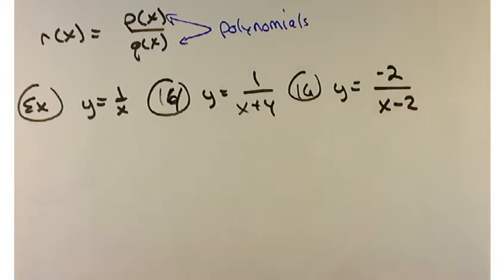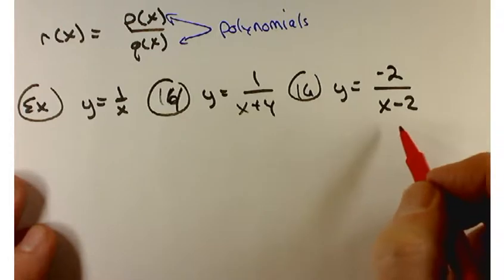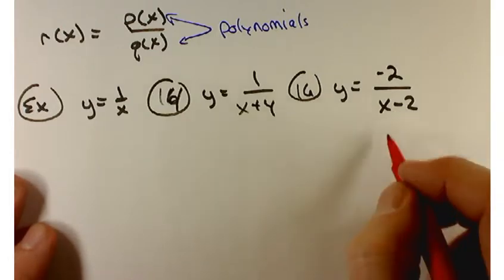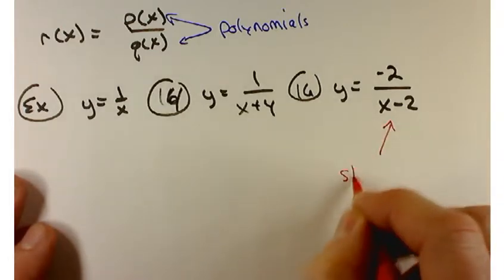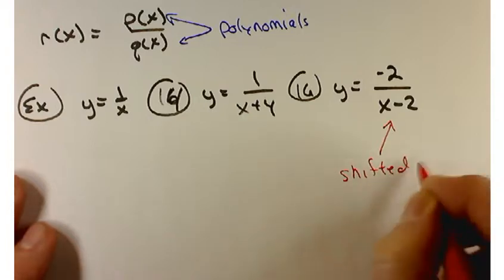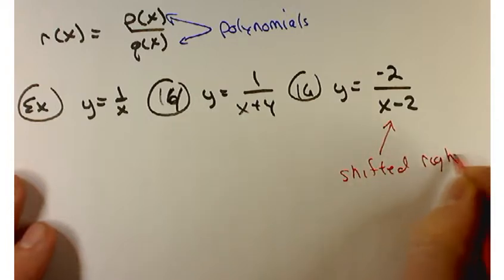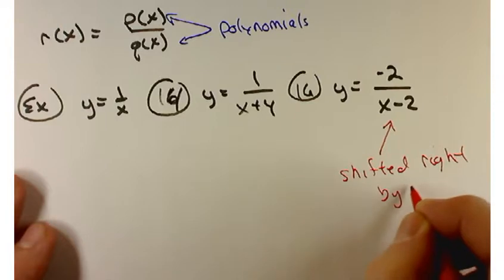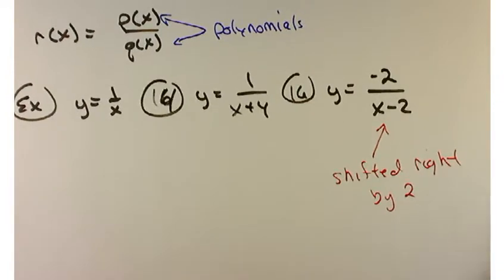Let's see if we can spot them. Ashley, what's one of the shifts that you see? Two which way? Good. Shifted right by 2. Good. What else do we see?